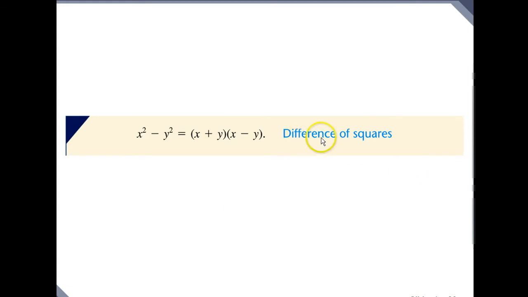Okay, now for differences of squares, as you look at what we have here, x plus y, x minus y, you may have had a plus b and a minus b.